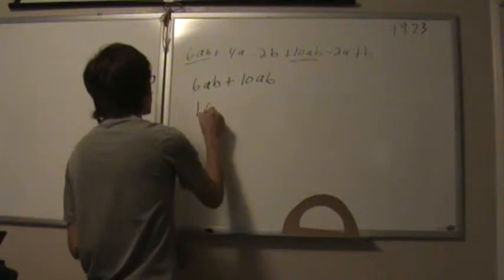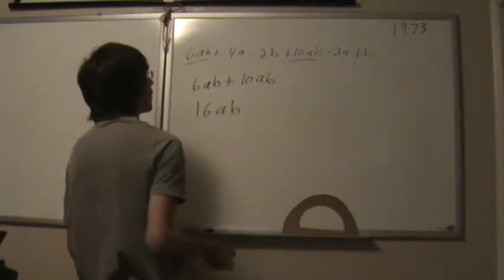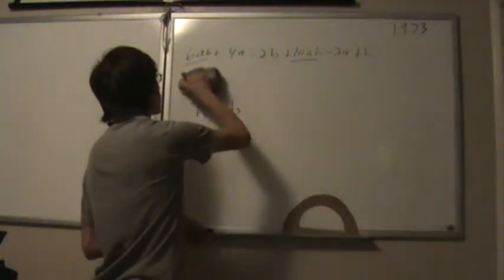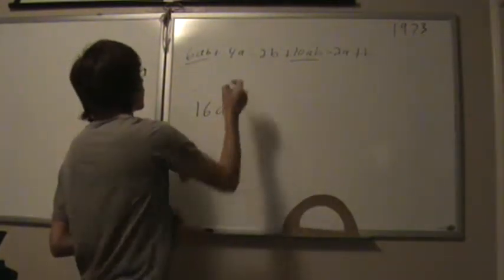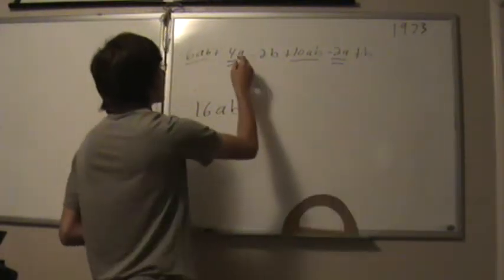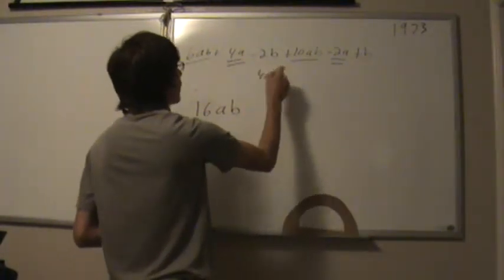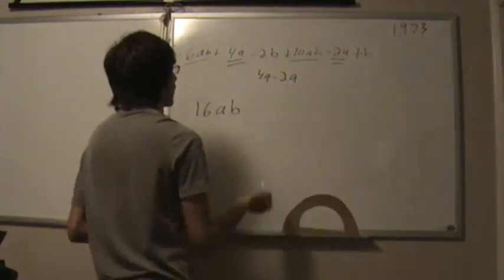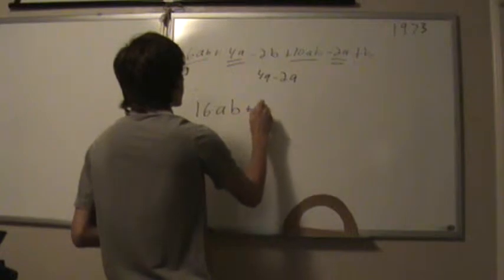So this means it would be 16ab, and then let's combine some more, like 4a and 2a. This is 4a, and then that's a negative in front of it, so it's minus 2a. So that's plus 2a.